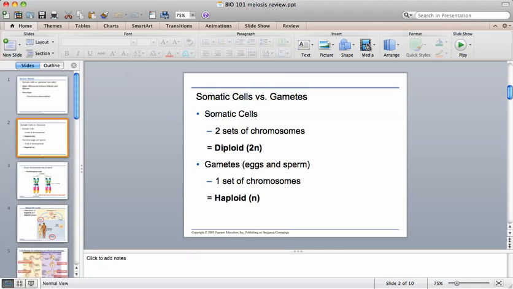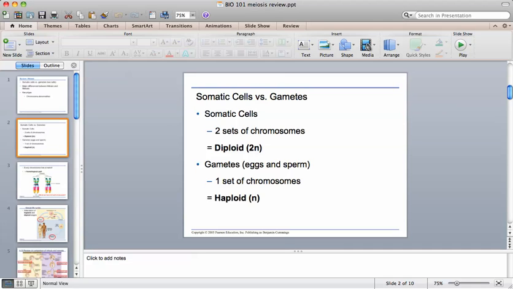So the n is the number of chromosomes in one set. For instance, in humans, we get 23 chromosomes from our mother. The eggs have 23. The sperm have 23. So the number in one set is 23, and 2 times 23 is 46. Our diploid number is 46.